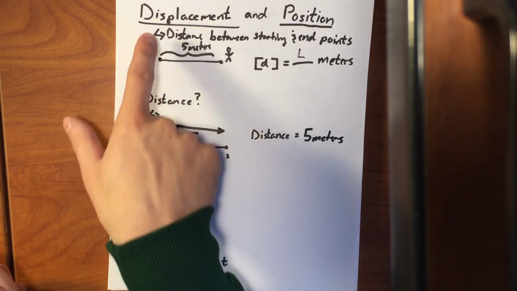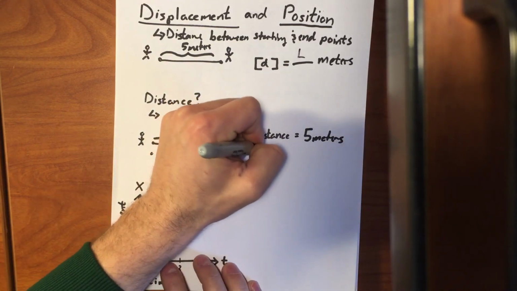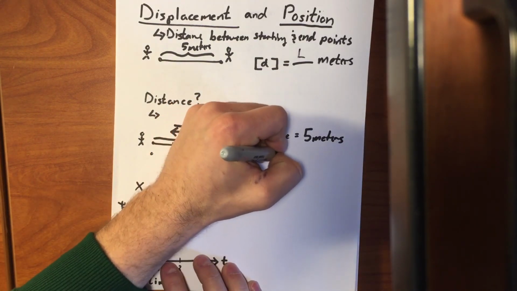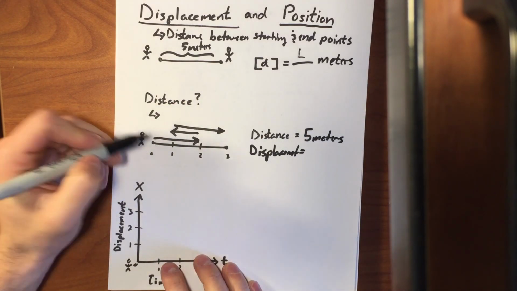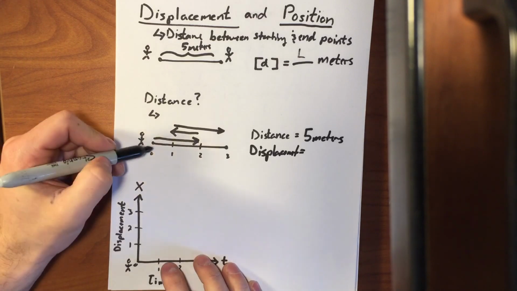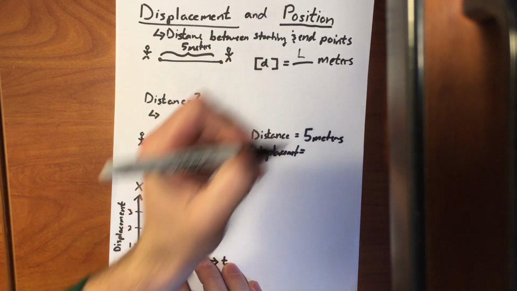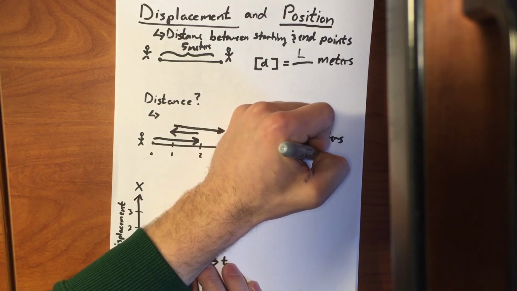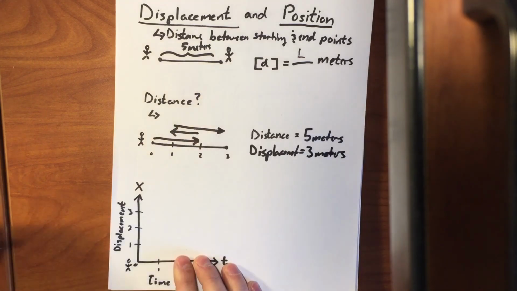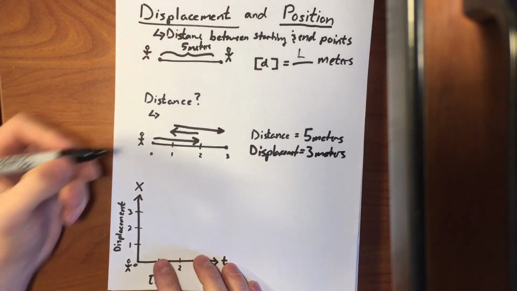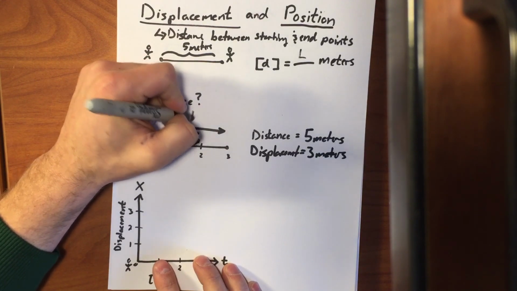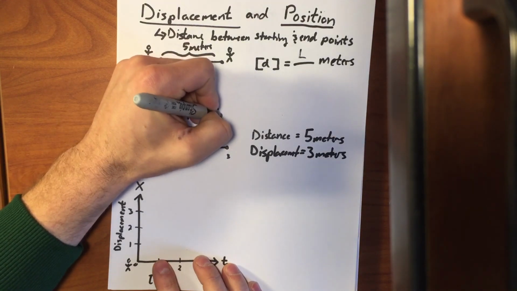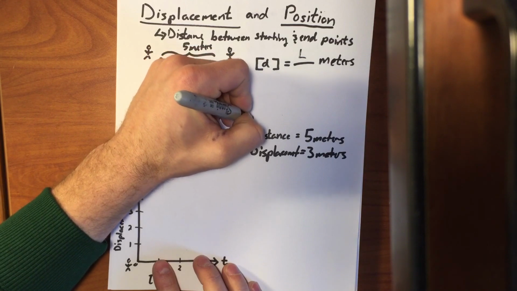But if we look back at displacement, we'll see that the difference between his starting position and his final position is 3 meters. So his displacement is only 3 meters. So we can tell that the distance is the absolute value of total distance traveled.